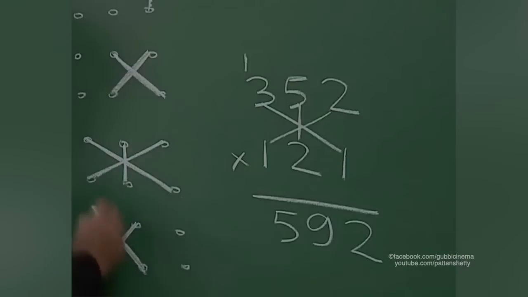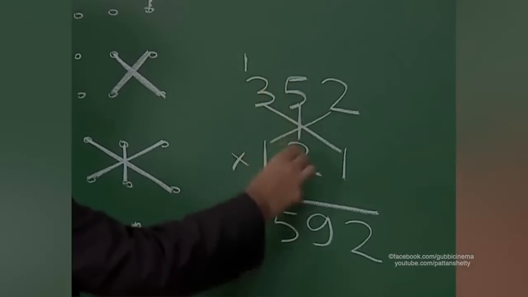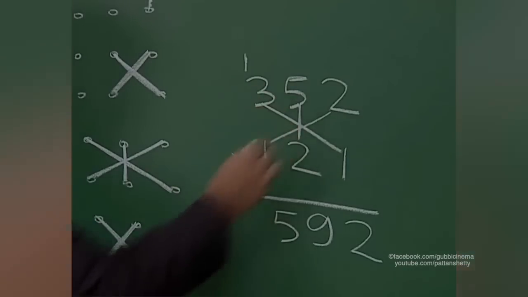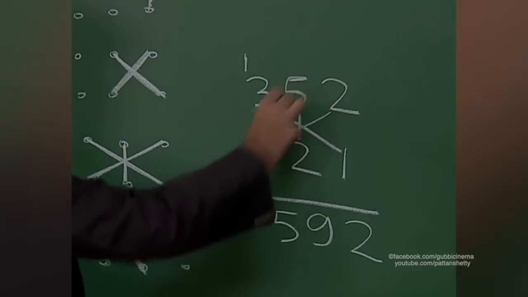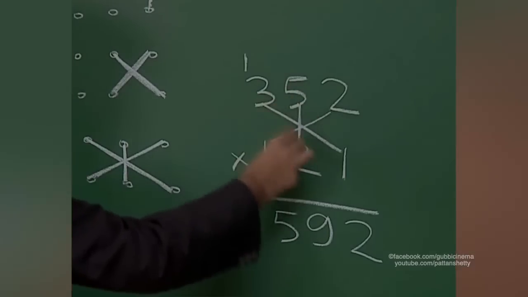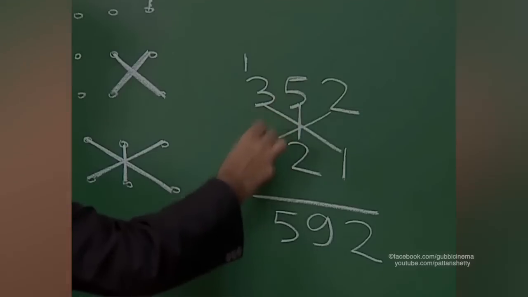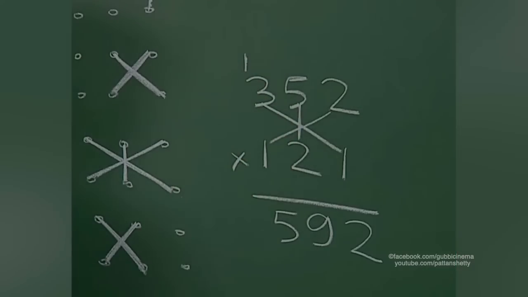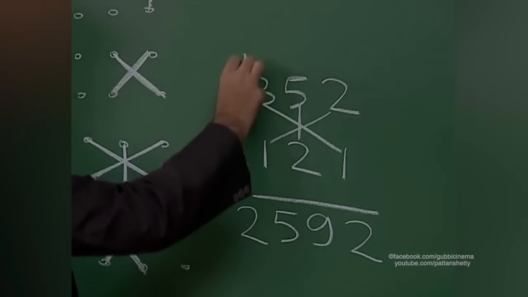Step D says multiply like this and like this. So 3 times 2 is 6 plus 5 times 1 is 5. 6 plus 5 is 11 and 1 gives me 12. I write 2, carry over 1 again.